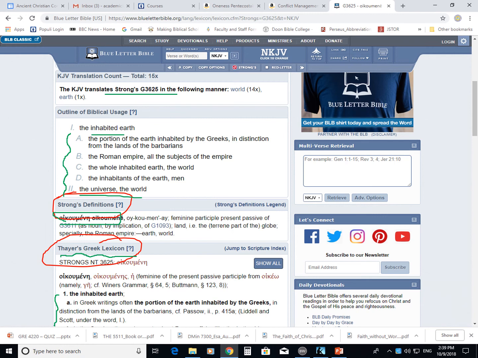So for Luke chapter 2 verse 1, perhaps one of the most important steps is to determine which one of these meanings is actually appropriate in that particular context.